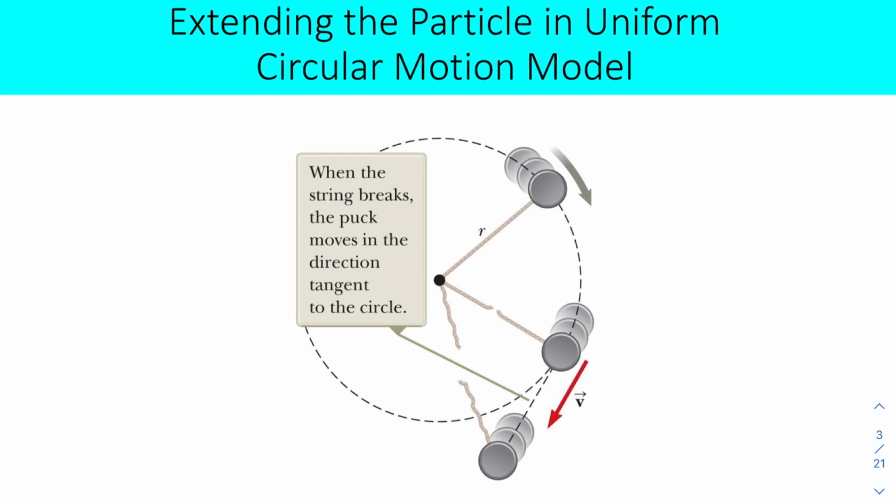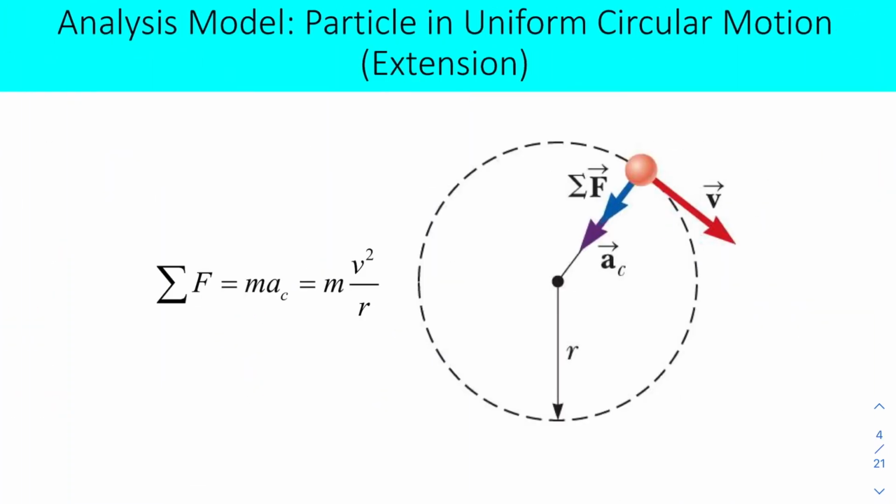Now, when the string breaks, the object moves in the direction tangent to the circle. This is proof of v, the tangential velocity or speed just now. It must be tangent to the position of the object.